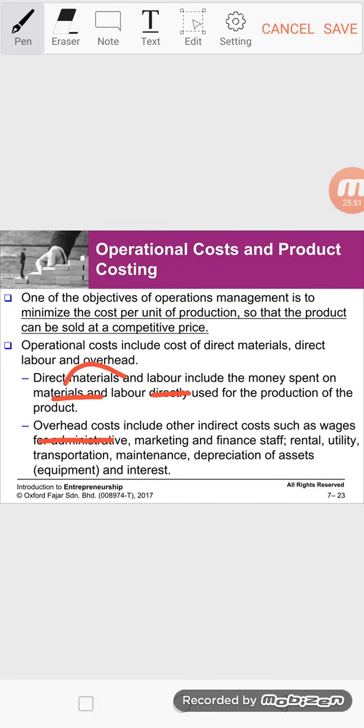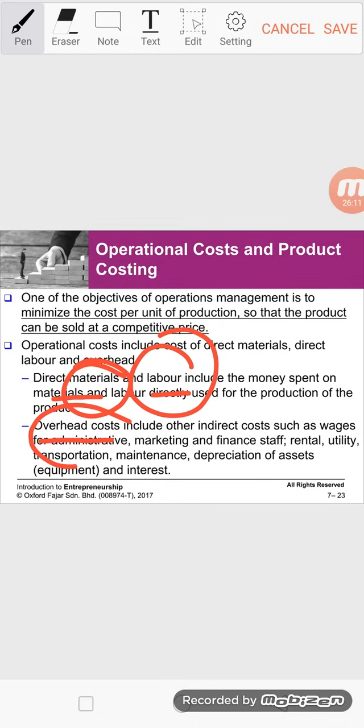Okay, so that is the direct material. Kemudian direct labor, ini adalah pekerja-pekerja dia yang memang dekat production line tu. Dia lah yang tambahkan ni, dia yang kacau ni, dia yang bawa ni, dia yang potong ni, dia yang bakar ni. Okay, yang memang betul-betul membantu kepada penghasilan roti tersebut.